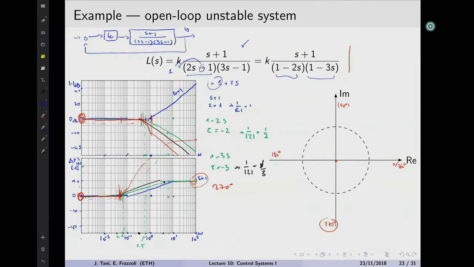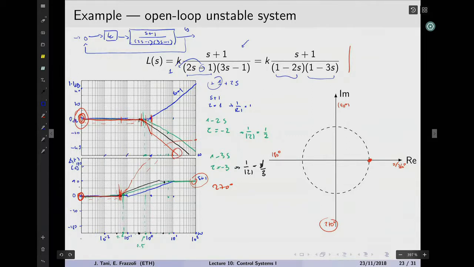Exactly that, yes. So 0 dB is not the same thing as 0. 0 dB means 1 in linear. So it's not true that we start here. We start at 1 here, okay? Because the magnitude of the transfer function is 0 dB, not 0. So as we are here, then as omega increases, what happens is we eventually get to what?